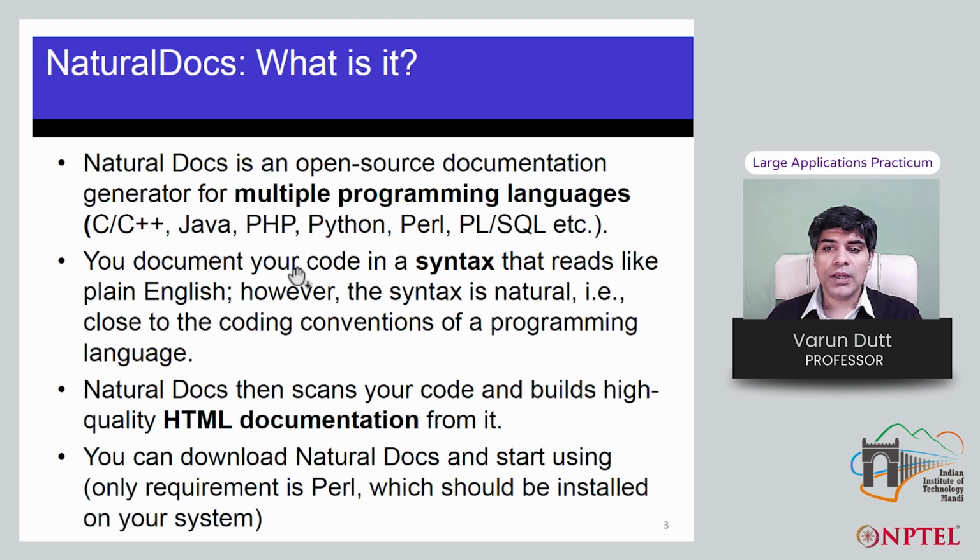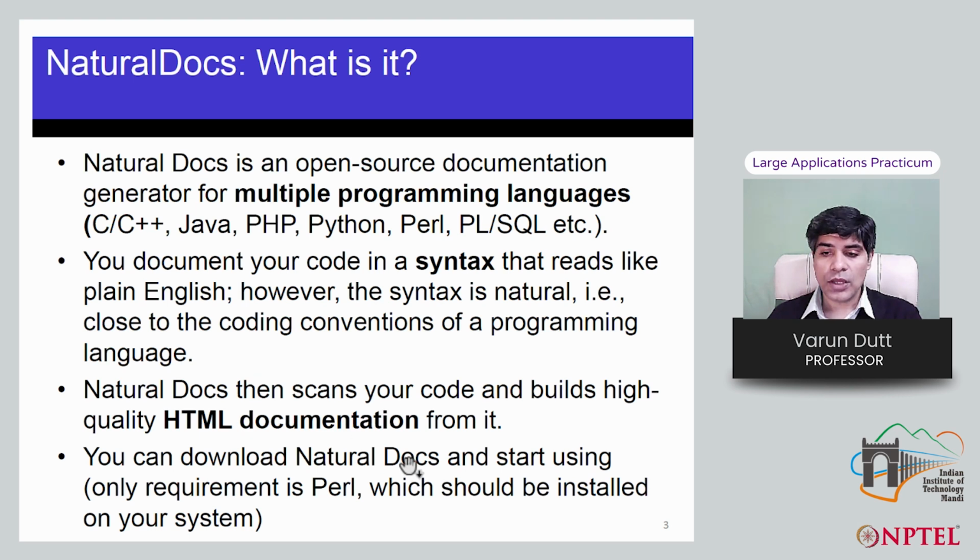You document your code in a syntax that reads like plain English. However, the syntax is natural, close to the coding conventions of a programming language. Natural Docs will scan your code using its utility, look at certain parts of the code for its own documentation constructs, and then build high quality HTML documentation from it.